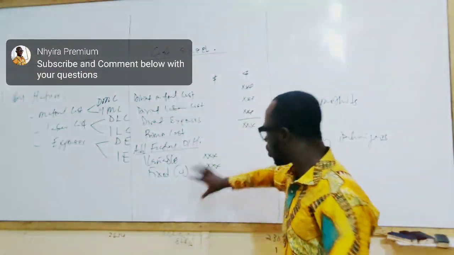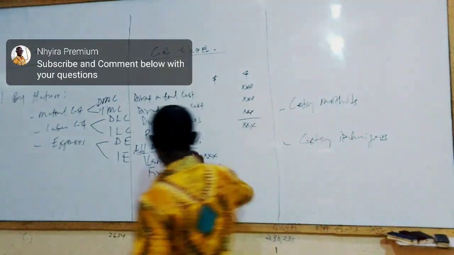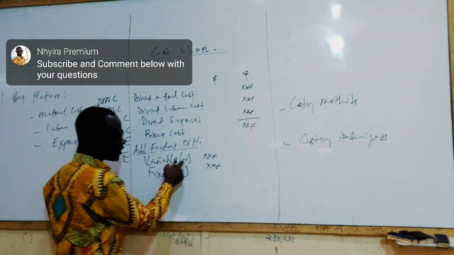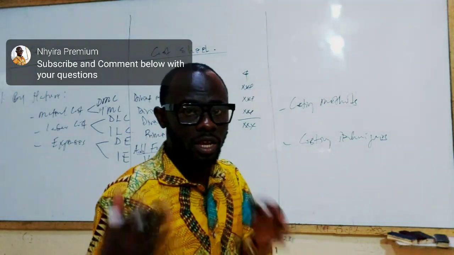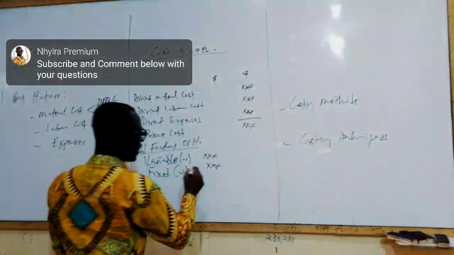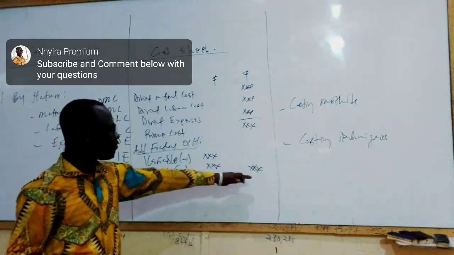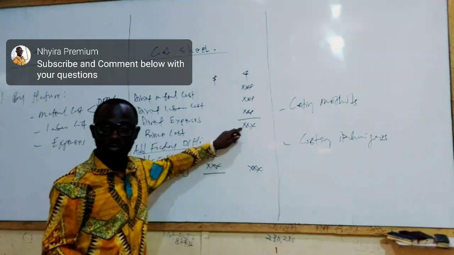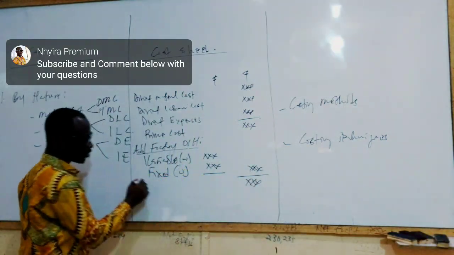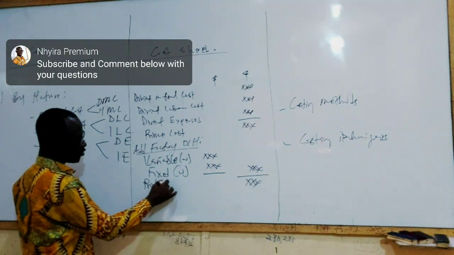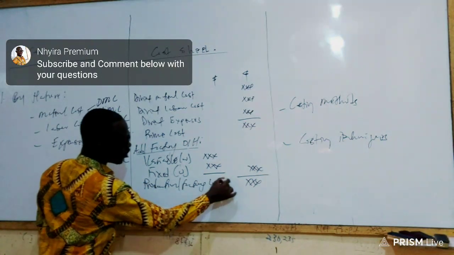So that is why I'm putting W in brackets for the variable and the fixed if we are going to be absorbing the overheads. I'm going to be explaining that in a moment. So when we add the factory overhead to the prime cost, that gives us factory cost or production cost.